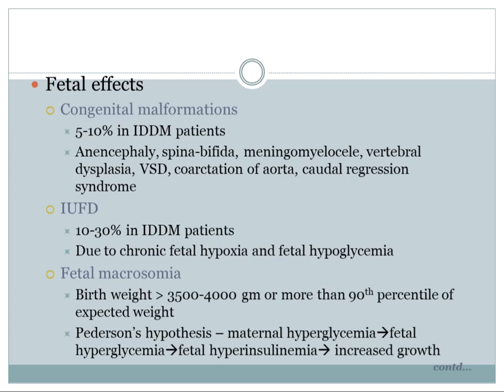This incidence may be as high as 10 to 30%, particularly if it is uncontrolled diabetes. So good diabetic control, euglycemia, is extremely important in a diabetic patient. Why this occurs exactly we don't know, but it may be chronic fetal hypoxia and fetal hyperglycemia. These two may be responsible, but we cannot exactly pinpoint why it occurs.